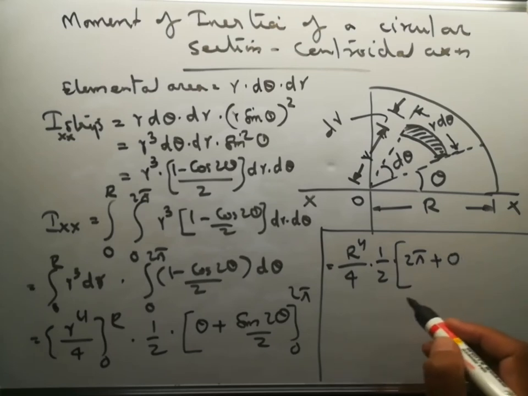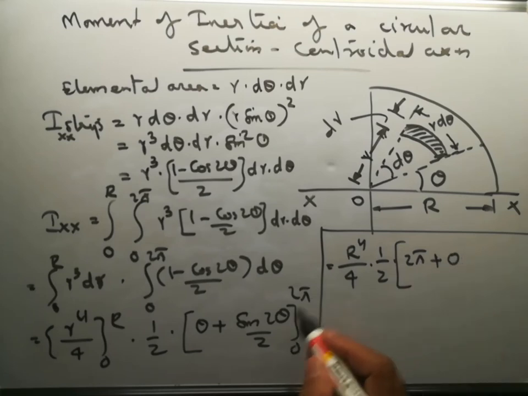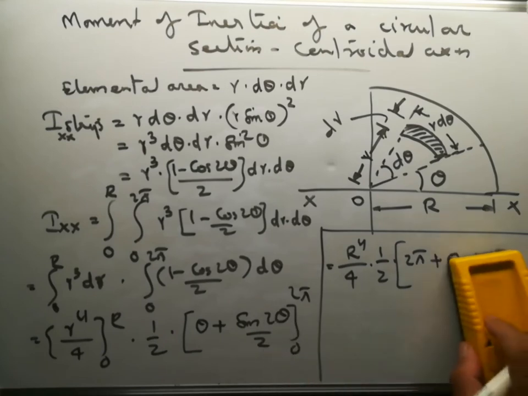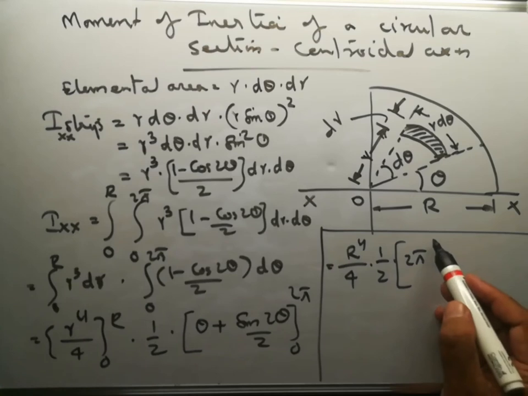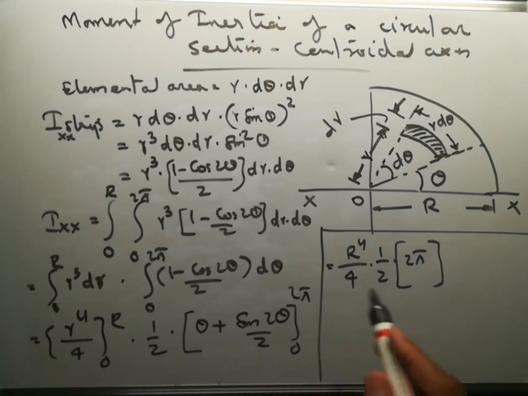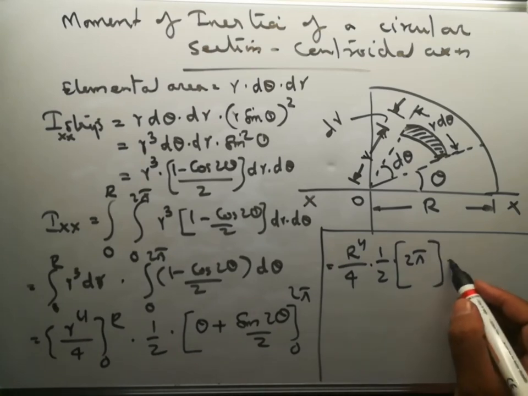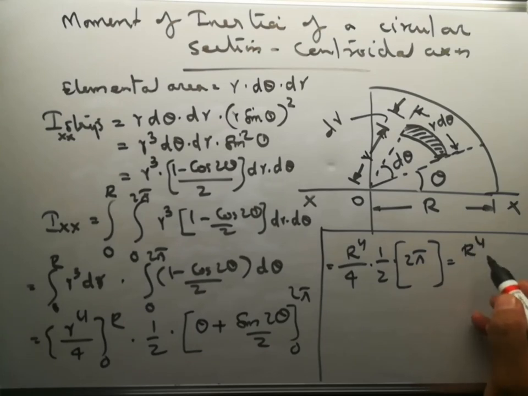Therefore, this will be equal to r raised to 4 divided by 4 into pi, or it can be written as pi r raised to 4 by 4.